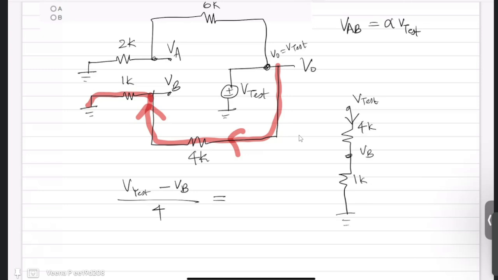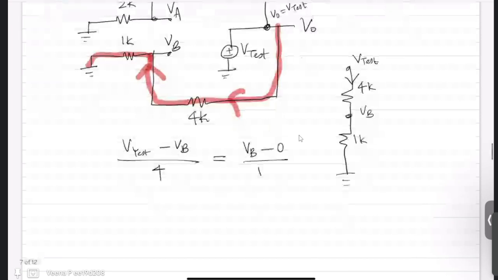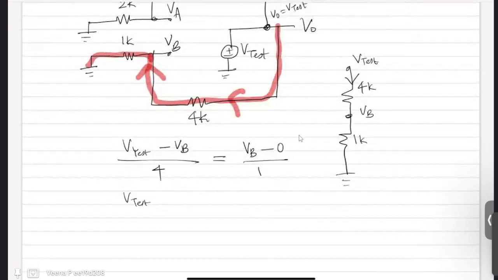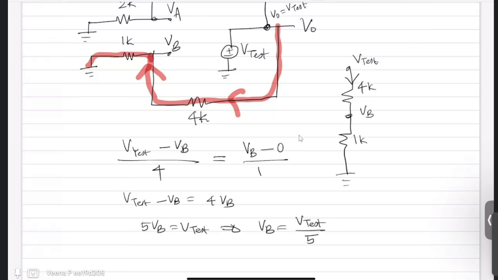That is the same current which flows from VB to ground. That makes V test minus VB equal to 4 VB, or 5 VB is equal to V test, which gives my VB as V test by 5. So this is my first equation.